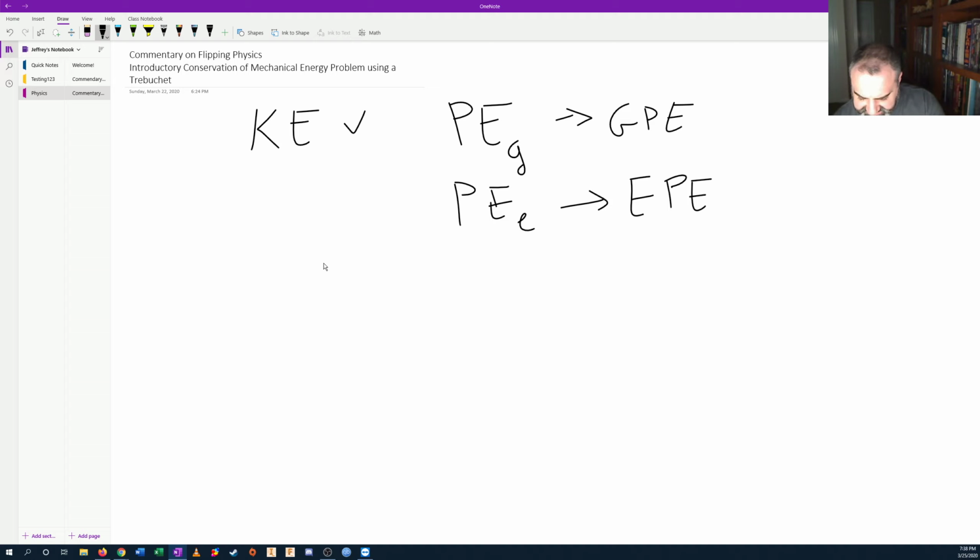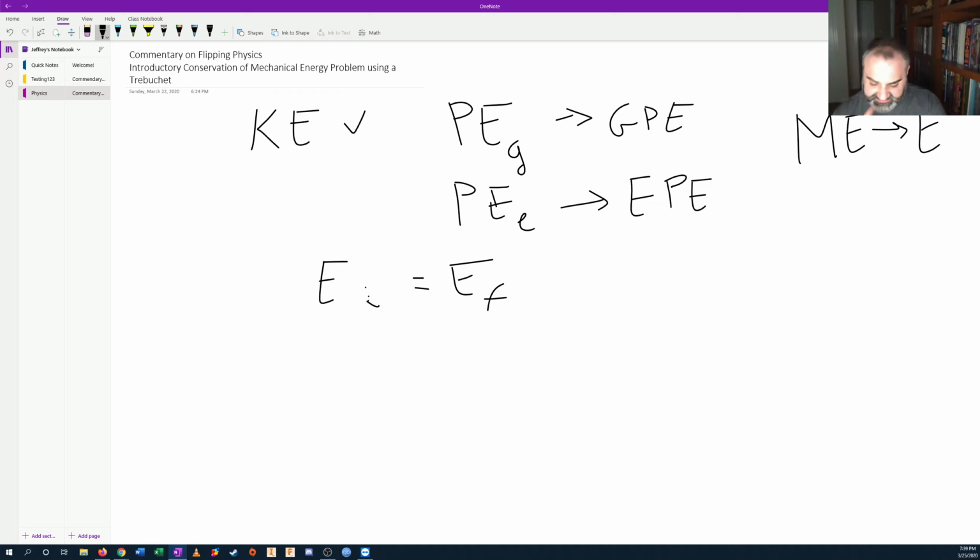Now, when he writes energy initial equals energy final, he is a little picky and does in fact write it as mechanical energy. I write, for our class, mechanical energy as just energy.